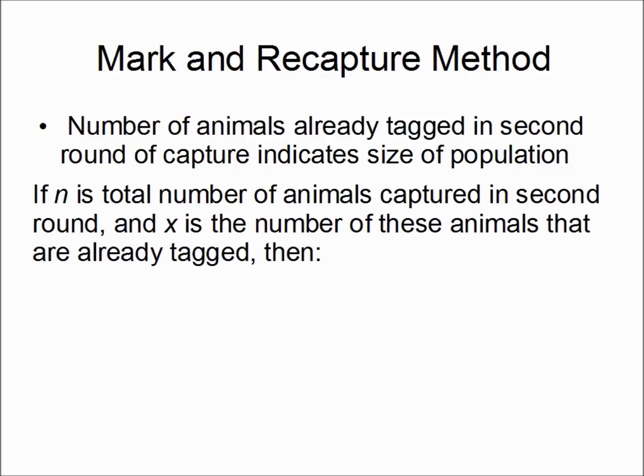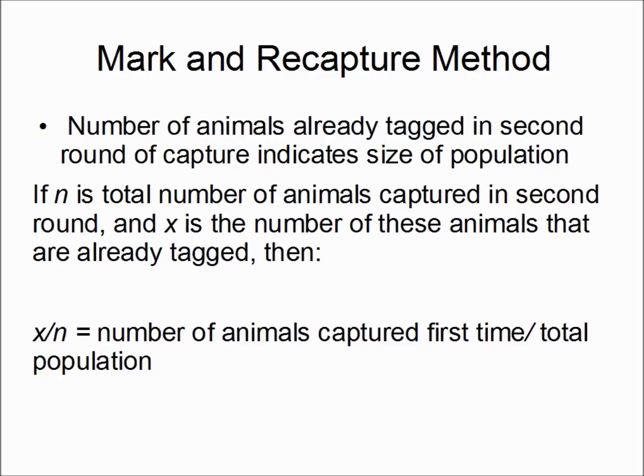So that gives us a formula, x over n, and that equals the number of animals captured the first time around divided by the total population. So we see there's a ratio. The number of animals that have already been tagged divided by the number that we catch the next time is assumed to be a similar ratio to the total number of animals tagged divided by the total population.